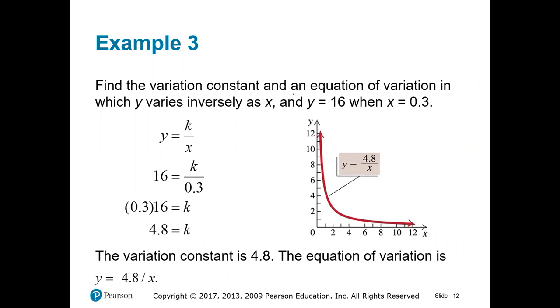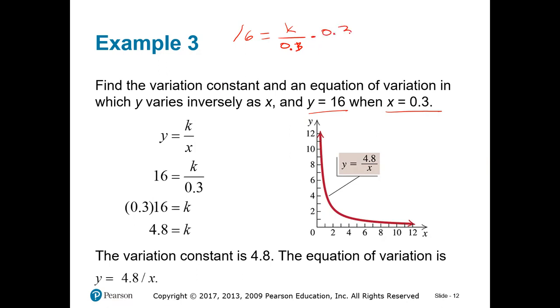So it says find a variation constant and an equation of the variation in which y varies inversely as x, and y equals 16 when x equals 0.3. So we're going to do it the same way. We're going to plug in what we know. So we know 16 for y and k divided by that x. Well, to undo this fraction, we want to undo the denominator.